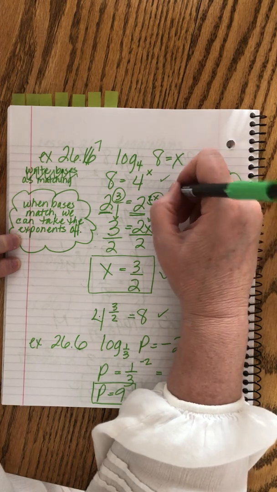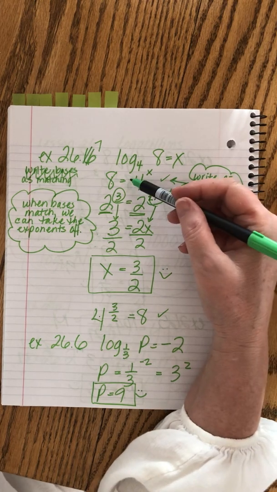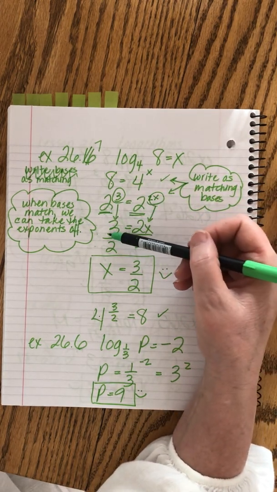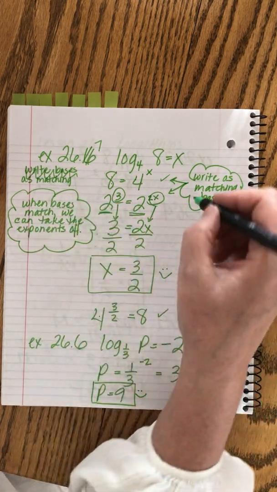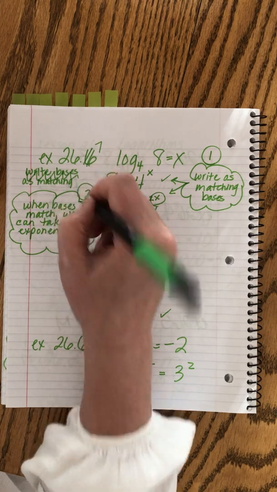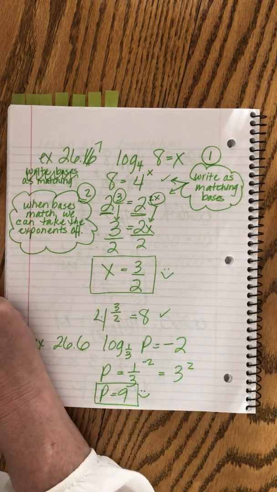Right? That's what we did. We had 8 and 4, and we realized they're both powers of 2. So we wrote them both with matching bases. That allowed us, this was the first thing we recognized, and then that allowed us to do this. That allowed us to take the exponents off and solve them.